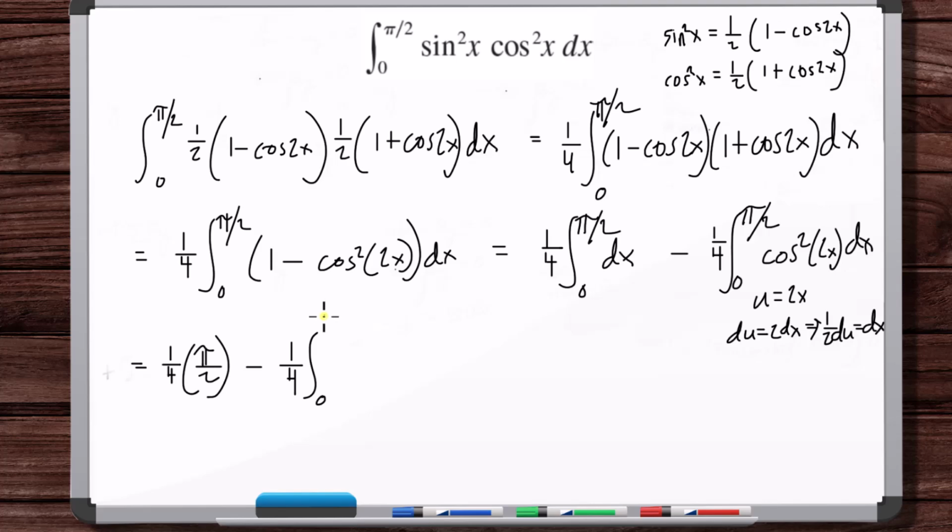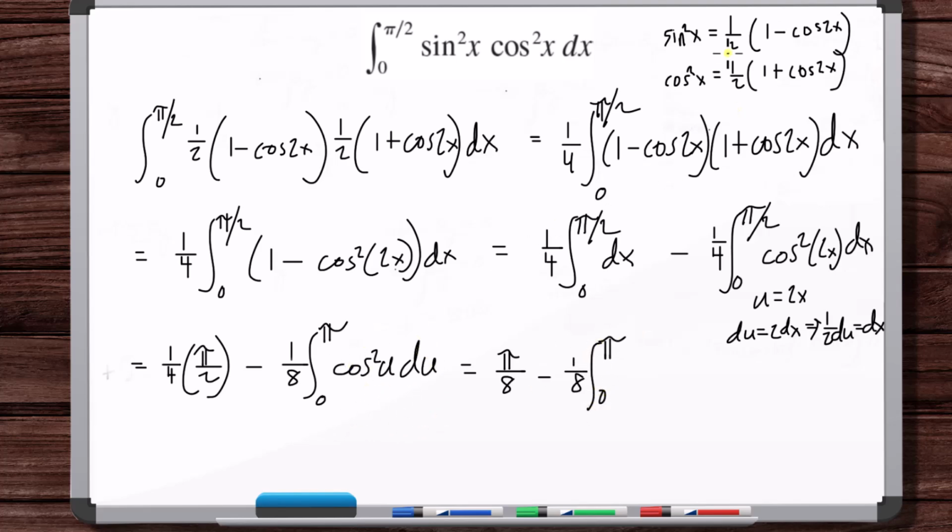When x is equal to pi over 2, u is equal to pi. Cosine squared of u du, and bring out a factor of 1/2. Okay, so we've got pi over 8 minus 1/8.